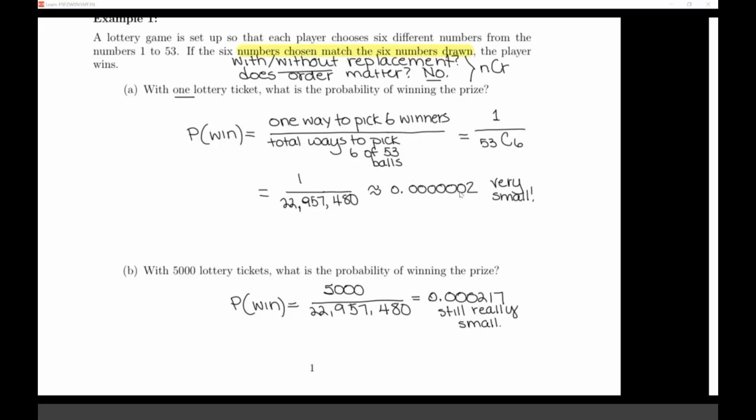You've lost 3 of these leading zeros, but your probability of winning that jackpot is still really, really small. Just to remind you, this is the 10th place, the 100th place, the 1,000th place. This is 10,000. So you've got a 2 in 10,000 chance of winning here. Just to give you an idea. Any questions about this example?